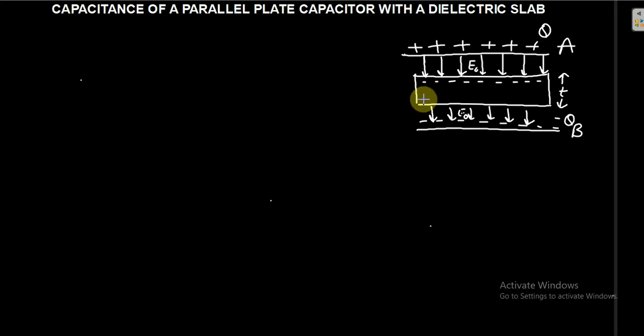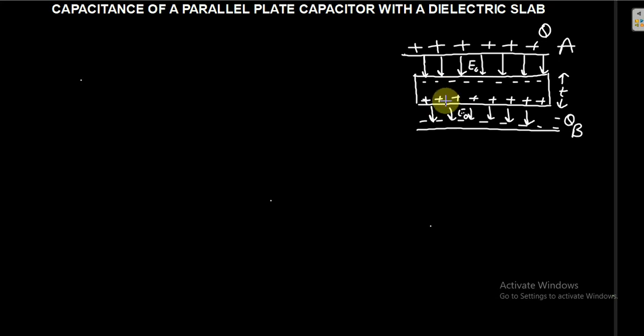Because of that, negative charge will develop on this side, and positive charge on the other side. So here the polarization process occurred. If you want to know about the polarization process, you can see the previous lecture where I explained the dielectric polarization process.